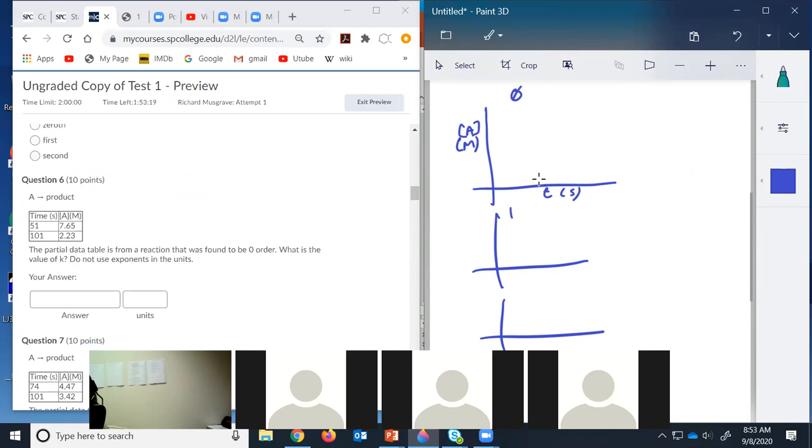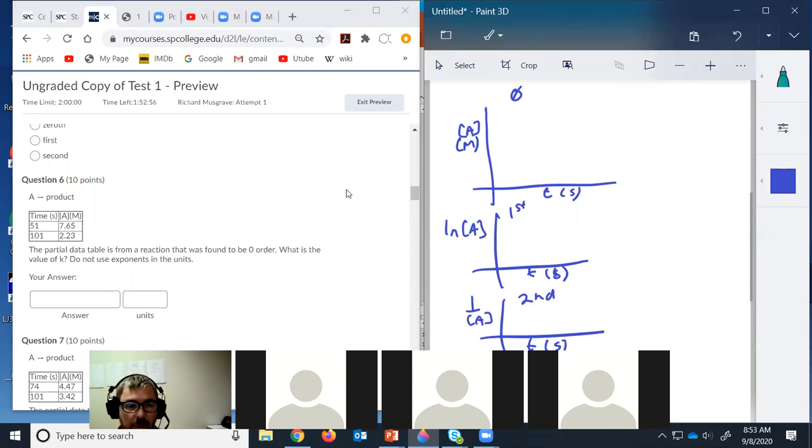Now for first order, it's going to be natural log of A against time. And for second order, it's going to be 1 over A against time in seconds.